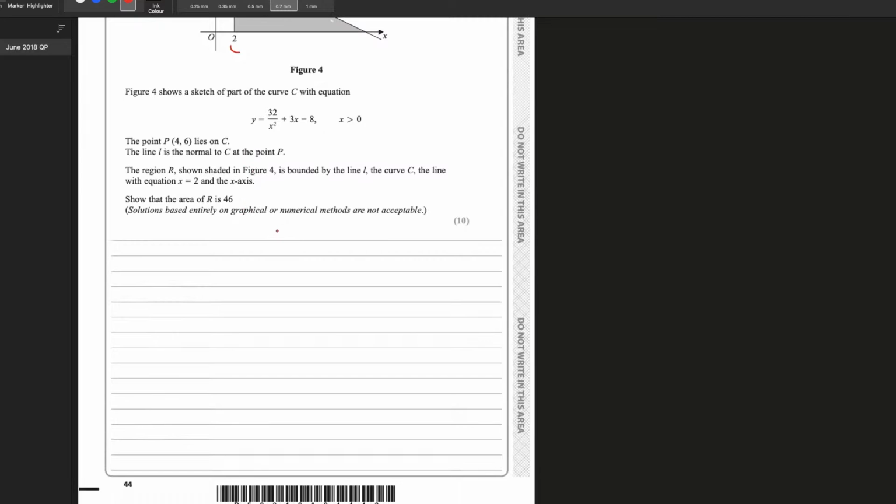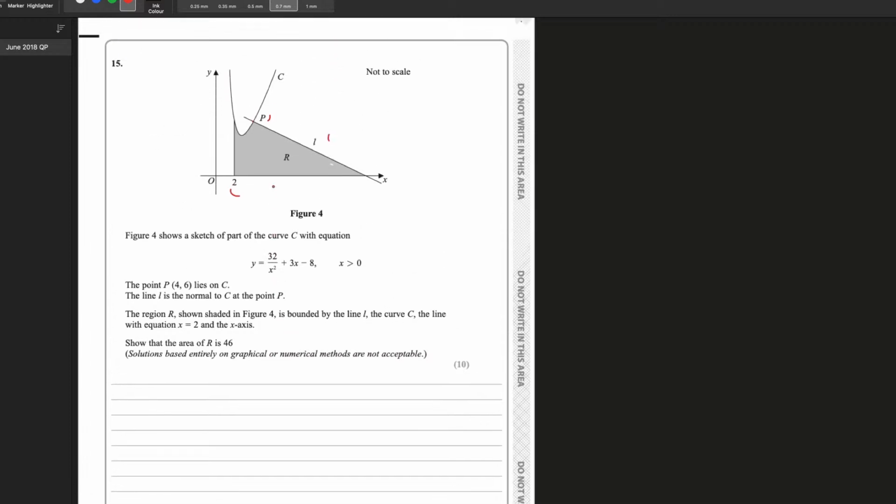So, if that is the case, let's have a look at it. If you look at the whole graph, we have the line x equals 2, and the point P is (4, 6).